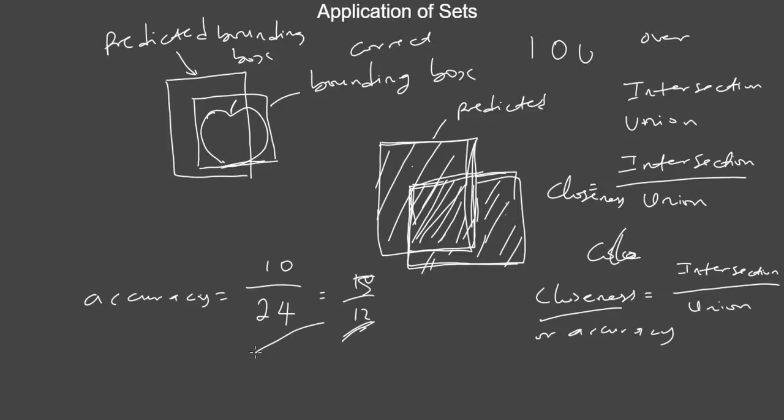After taking this division, that gives them the accuracy of this prediction. So this is one of the interesting ways that computer scientists and machine learning experts use the idea in set theory to actually build real world software.